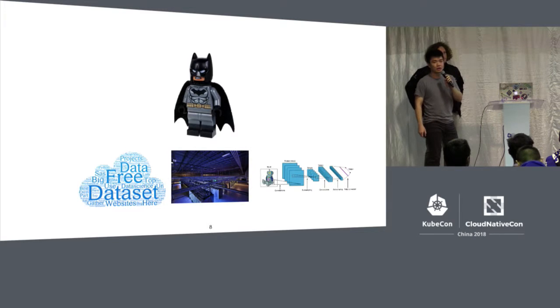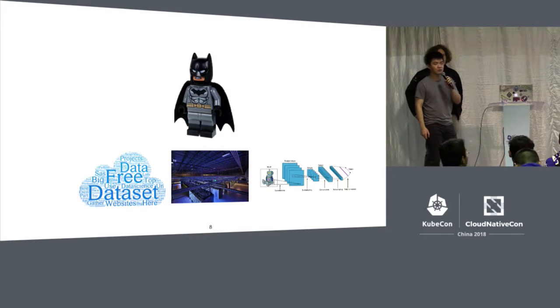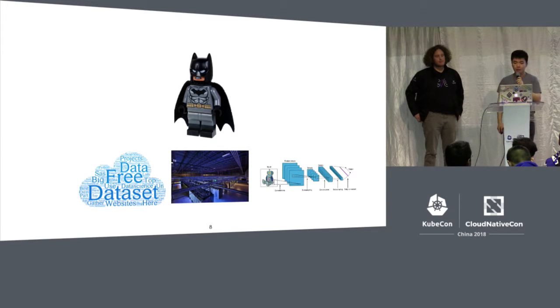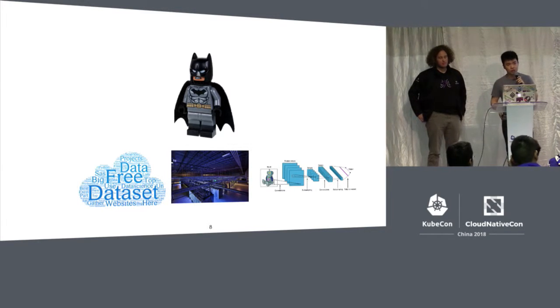So yeah, it's already the second decade of the 21st century. We have more and more data, and data is stored in the data center, and processing that data is way too hard. People have to do the convolutions, have to do the mapping, and then do it again and again.